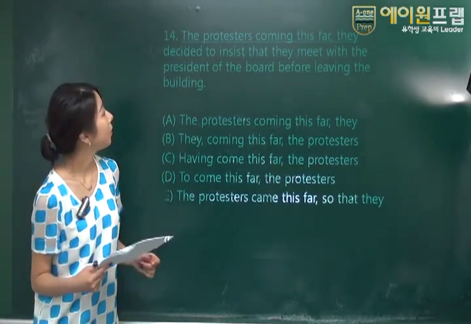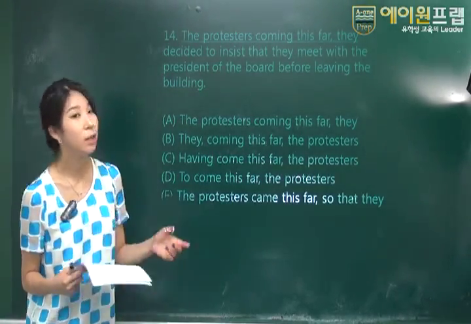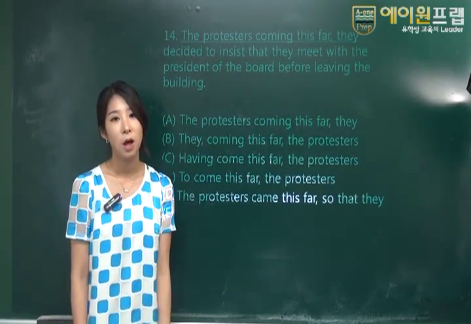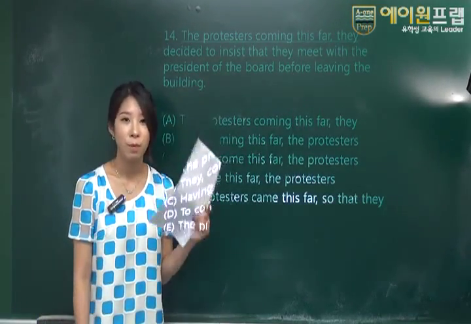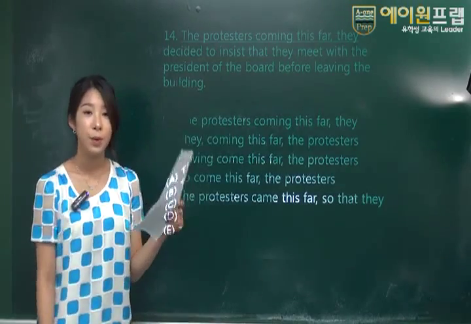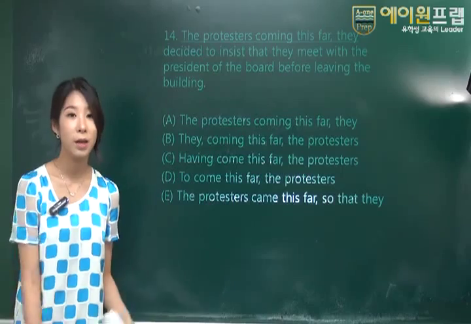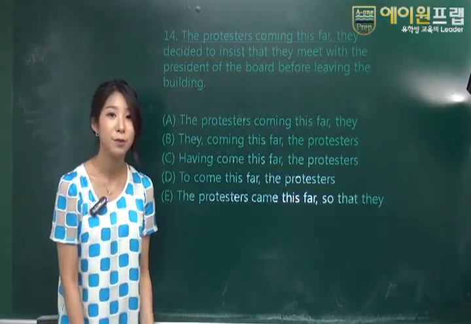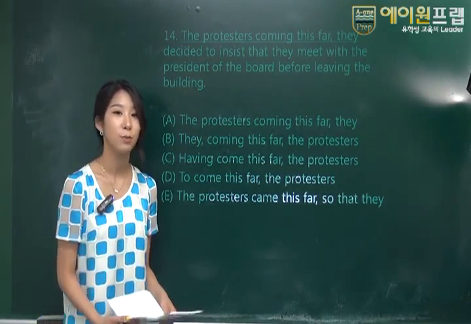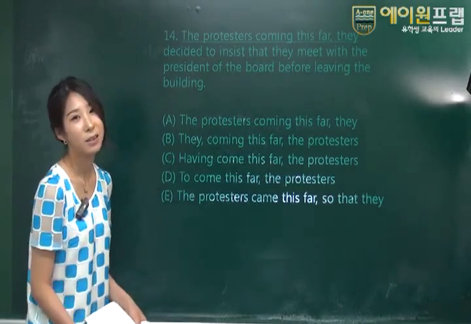And before they leave, they decided, oh, we have to insist to meet with the president. Yeah, since we came all the way here, before we leave, we have to see the president and talk with him, something like that. That's the context.